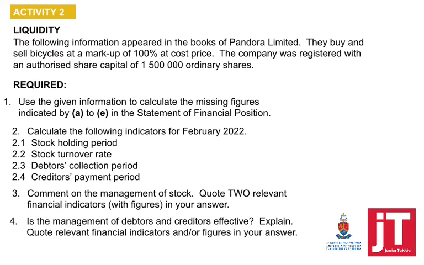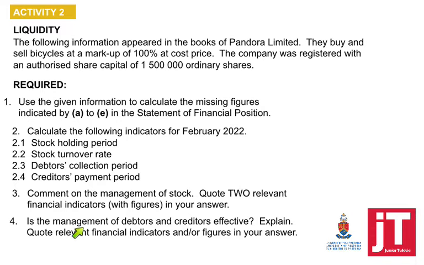Calculate the following financial indicators. So we need to calculate the stock holding period, stock turnover rate, debtors collection period, and creditors payment period. Then the third question, comment on the management of stock. Quote 2 relevant financial indicators with figures in your answer. Always make sure that you quote figures in your answer.